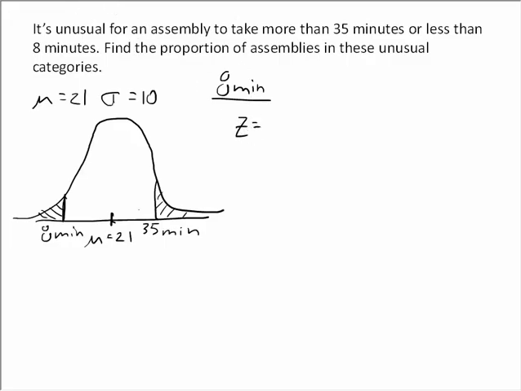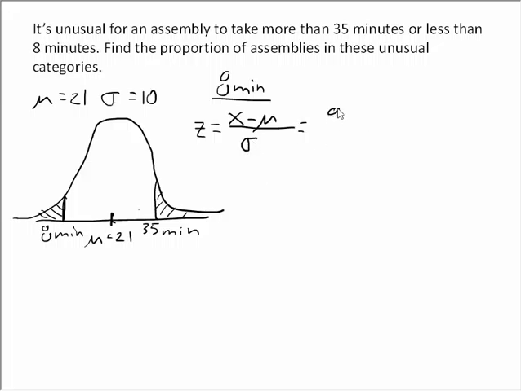Z is equal to, well, we'll write it out again: x minus the population mean divided by the population standard deviation.